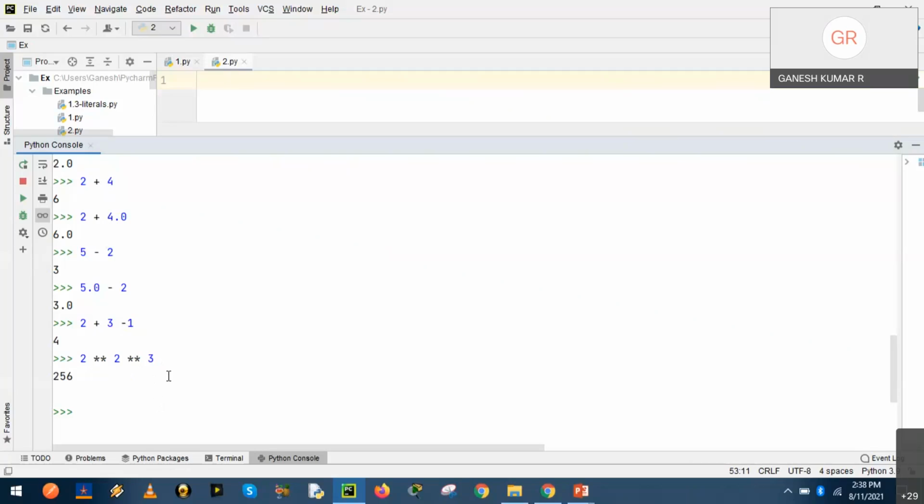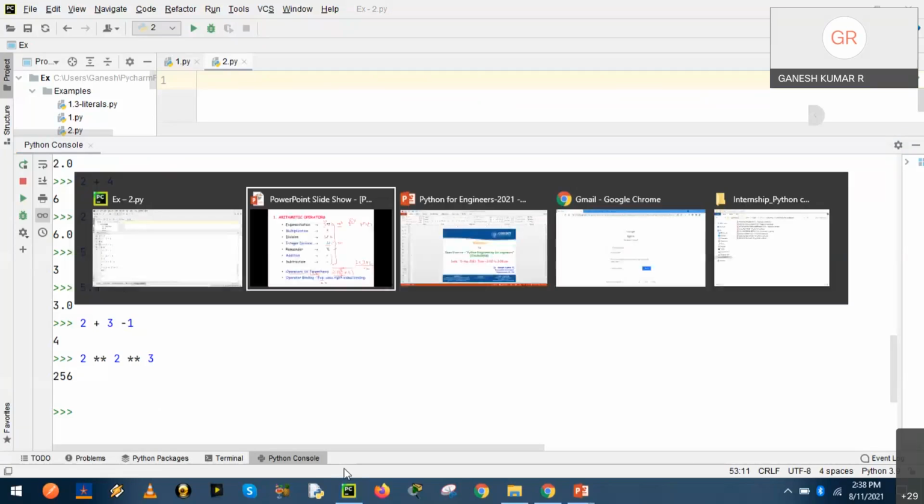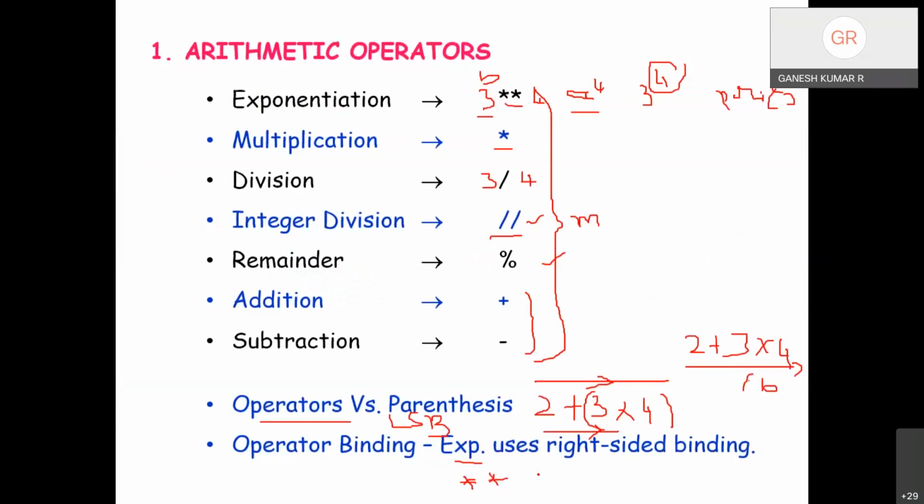Okay. And now moving on to the slide. Operator binding: exponentiation uses the right-sided binding. And another feature of the arithmetic operation is the use of parentheses. Of course, we are always allowed to use parentheses. Parentheses can change the natural order of the calculations.